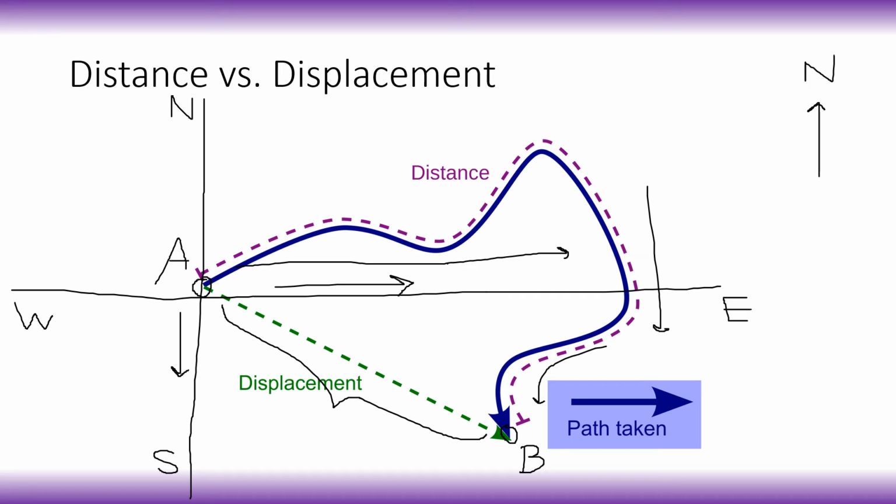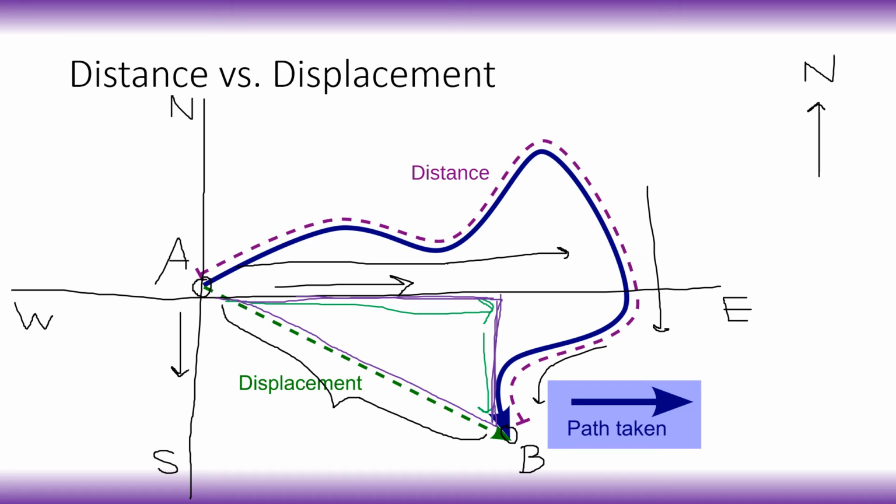If you look at the green displacement arrow, basically I walked mostly east, but then I also walked a little bit south. Let's say I made a triangle out of this, so let me draw in a proper triangle, taking how far I went east up here and how far I went south down the side over there.